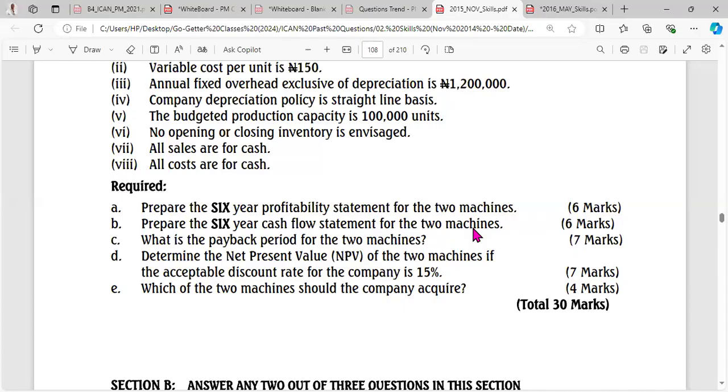Follow the one that supports NPV. The truth of the matter is, if any investment appraisal is in conflict with NPV, you accept NPV. So NPV is a priority.